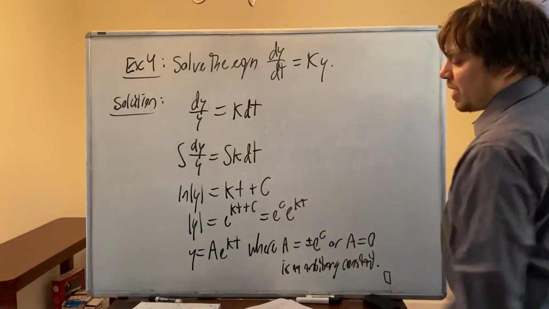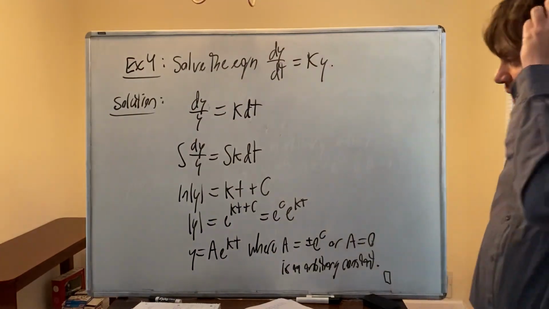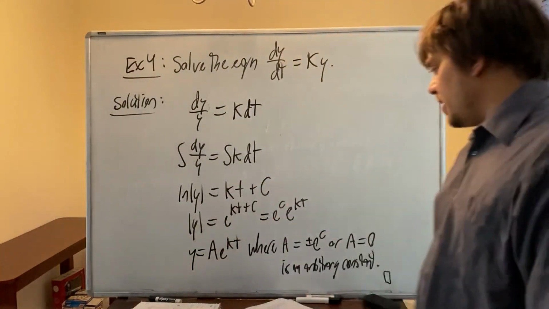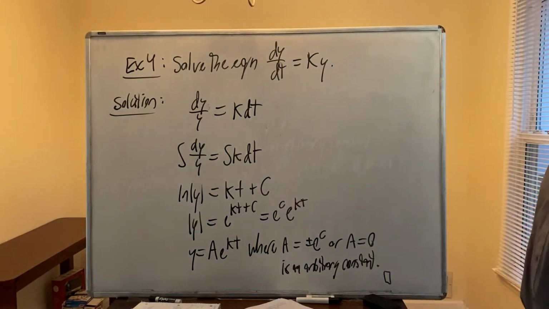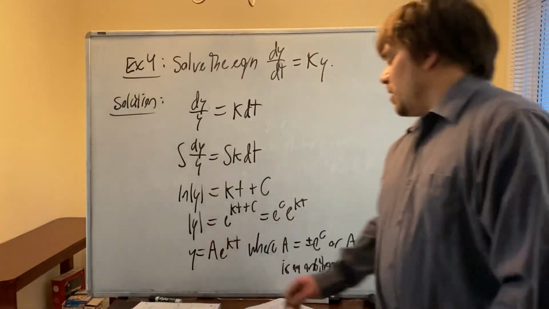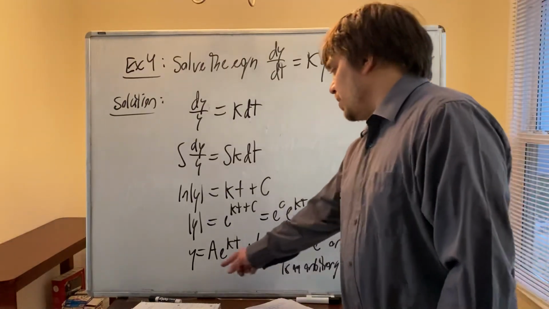So if the absolute value of y is equal to e to the c times e to the kt, then y is equal to capital A, e to the kt, where capital A is plus or minus e to the c, or capital A equals 0, right? Just like before, if y equals 0, then you can just say A is 0.